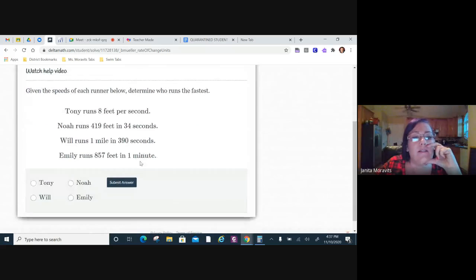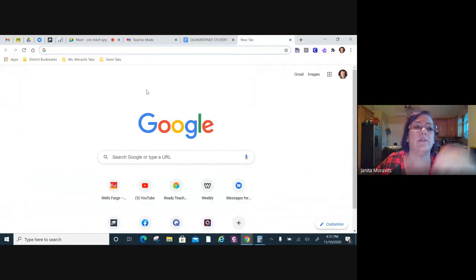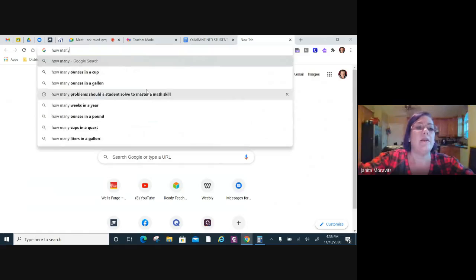Most of them are in seconds, so we're probably going to want to change this 1 minute to 60 seconds. And most of them are feet, so you're going to want to change your mile to feet. So if you're not sure what that is, we can go right here to a new tab. How many feet are in a mile?